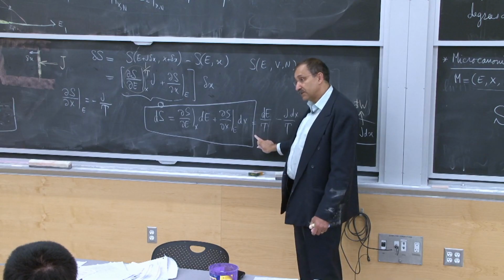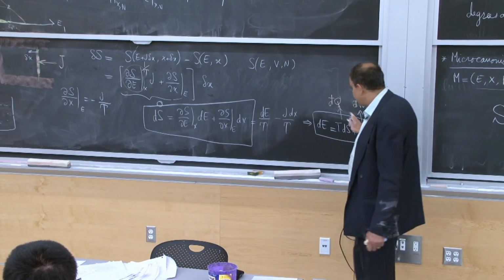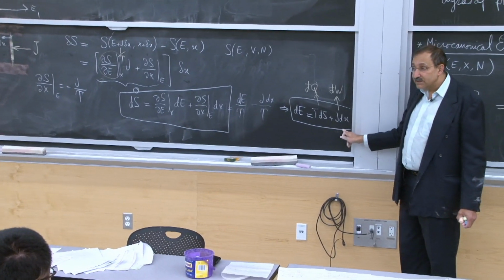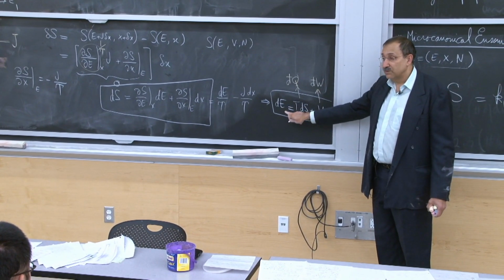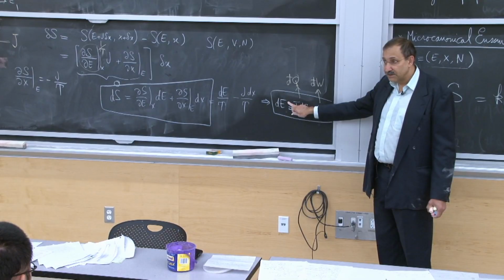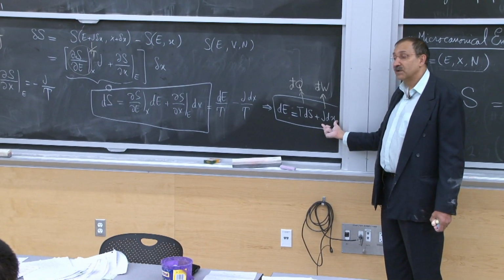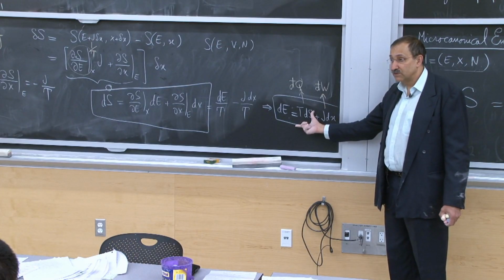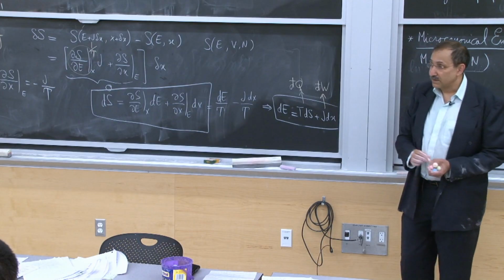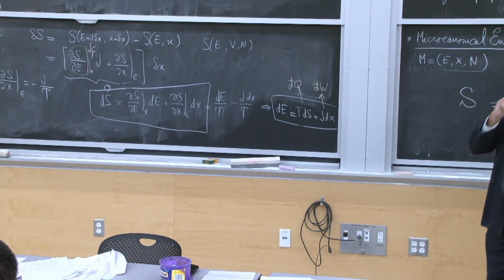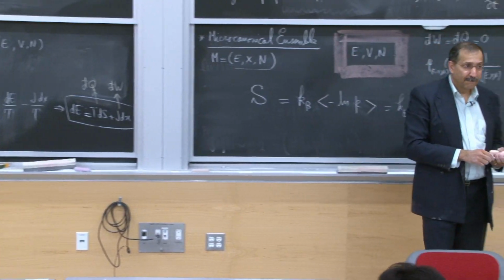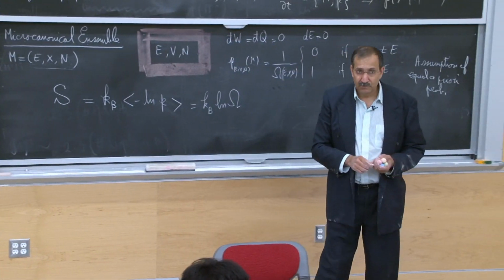That's what this statement is. Then I can rearrange it and see that when I go from one equilibrium state to another equilibrium state, I have to change internal energy, which I can do either by doing work or by doing heat. Okay?